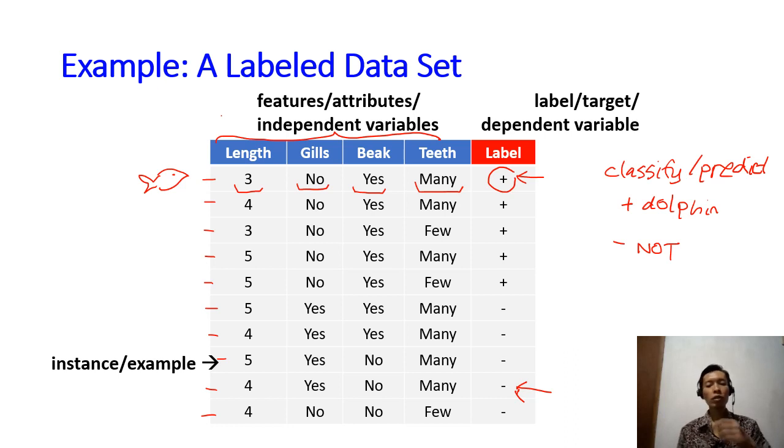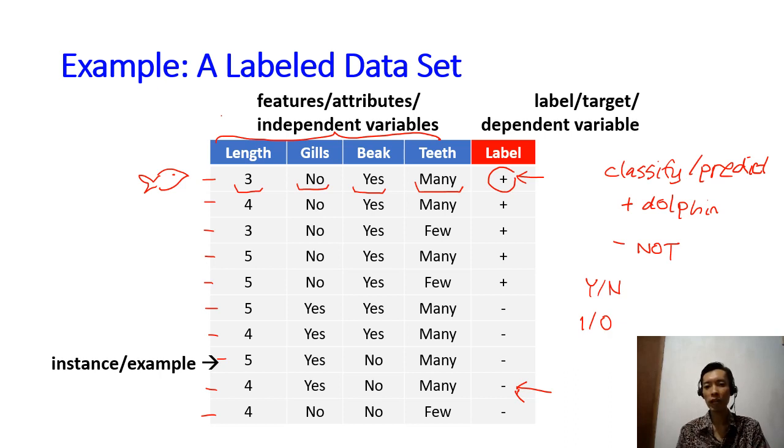The label itself can be dolphin or not, you can write yes or no, you can write 1 or 0. It doesn't matter. It's just a label to distinguish between one type and the other type of fish in this case. So positive and negative here doesn't really mean that one is better than the other or that it has any mathematical sense.